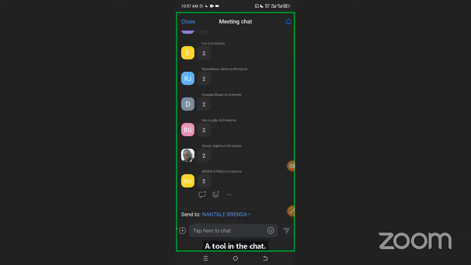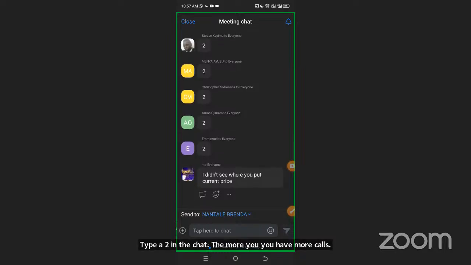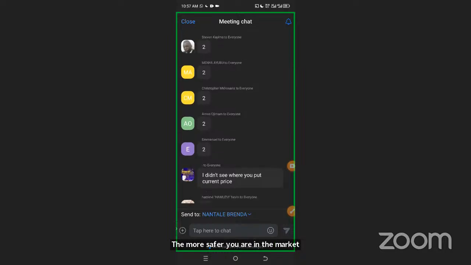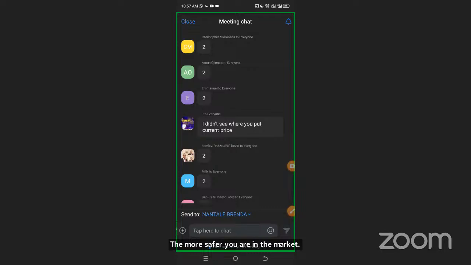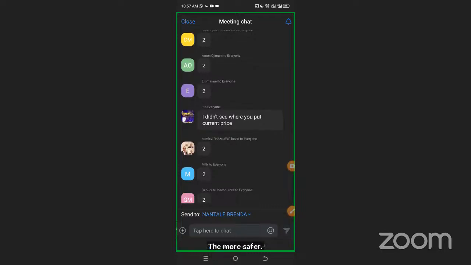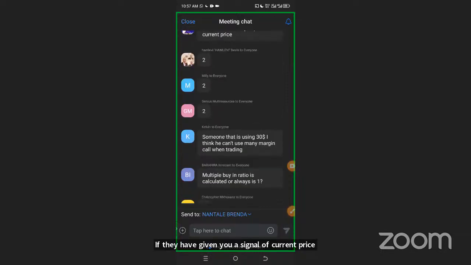The more margin calls you have, the safer you are in the market. If you see where you put current price, if they have given you a signal of current price, they are telling you to enter at that very price in the market. There is no need for you to put any price.